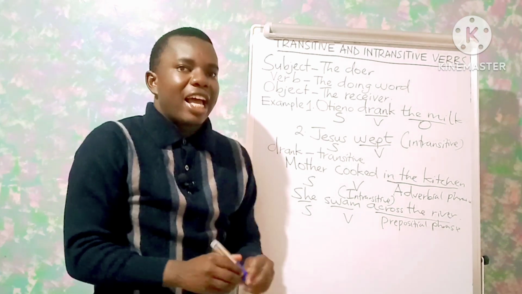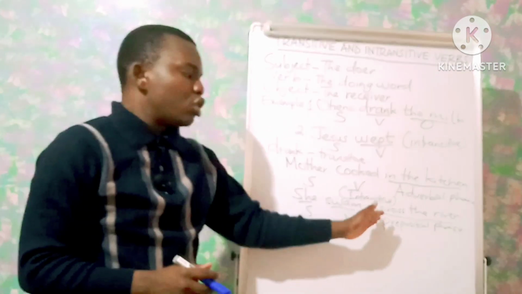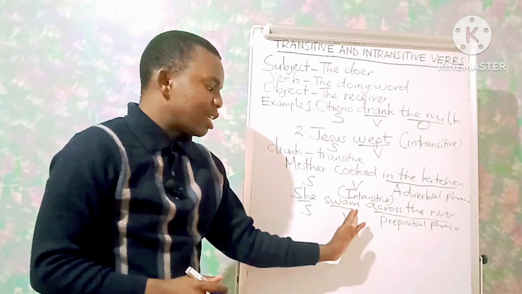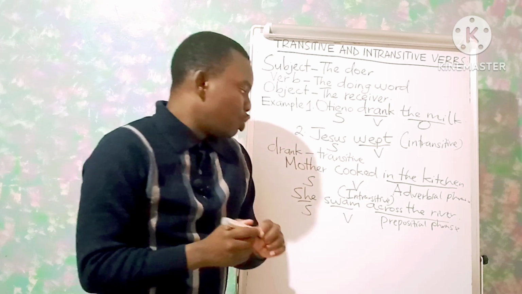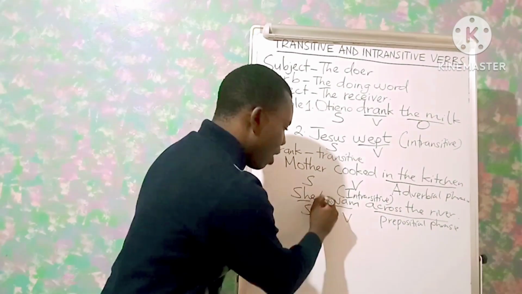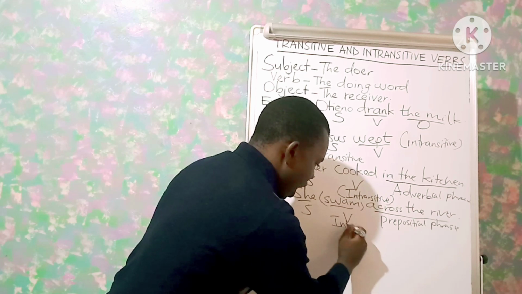Across the river tells us about where the swimming took place. So it tells us more about the verb, and for that matter, it is not an object. So still again, the verb swam will still remain an intransitive verb.